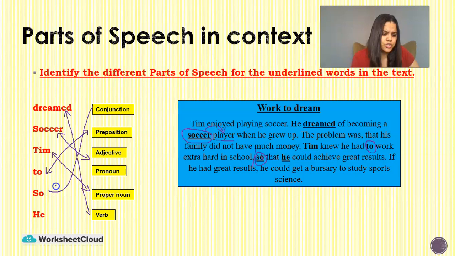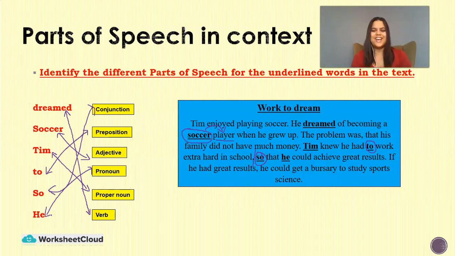So is a conjunction. Okay. And then my last one is he. He could achieve great results. And he replaces a noun in a sentence. So therefore it is a pronoun. And those are my answers.